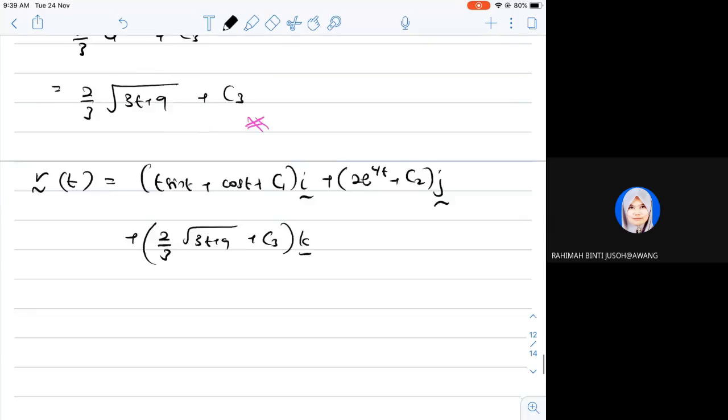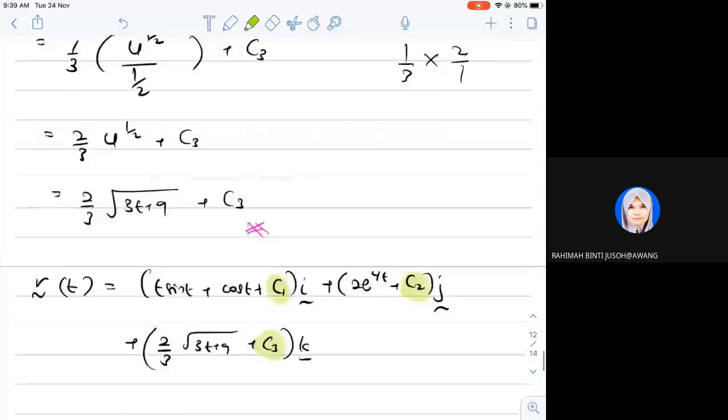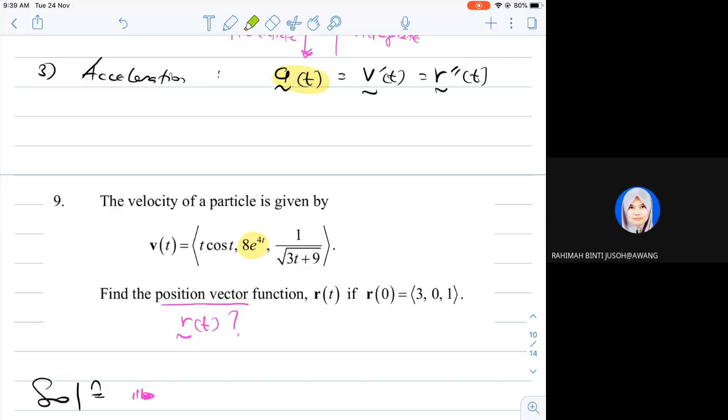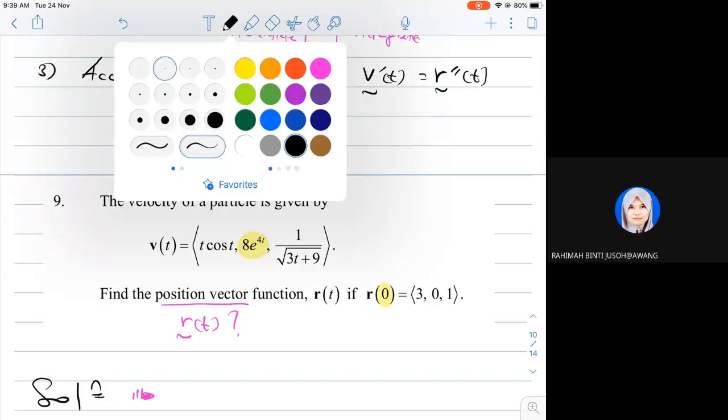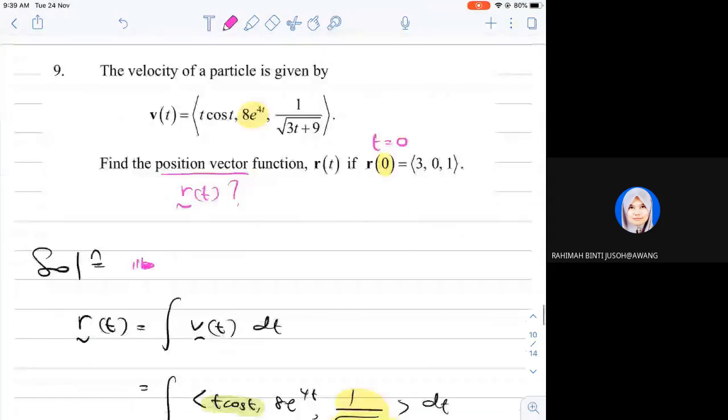Okay, so what you should do next is find the values of C1, C2, and C3. So we look at the initial condition again. We have time t equals to 0, which means you have to substitute t equals to 0 inside your r(t).